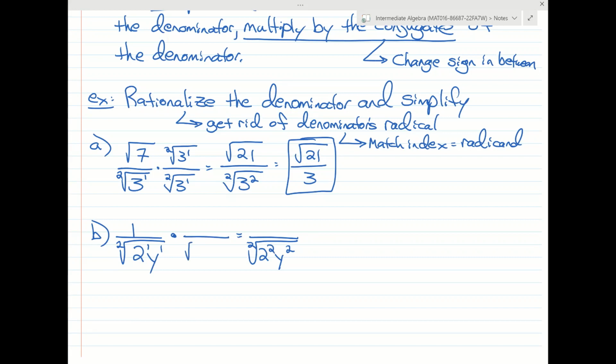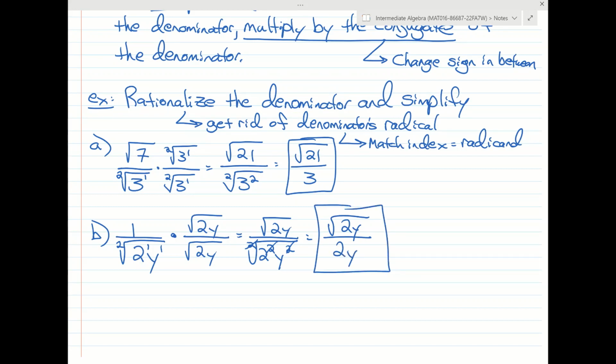So we can multiply by the square root of 2y over the square root of 2y. By doing that, the index matches all the powers. These all cancel. Square root of 2y over 2y would be our answer. The top isn't important. The bottom is where you can't have a radical. And that's what it means to rationalize.